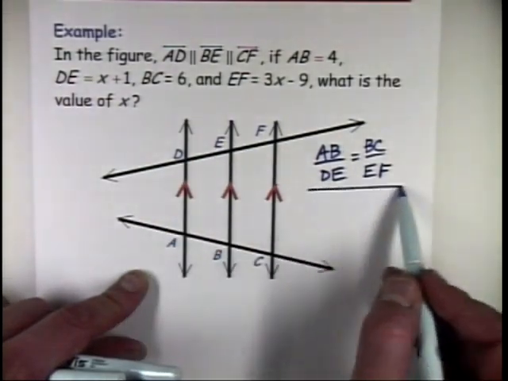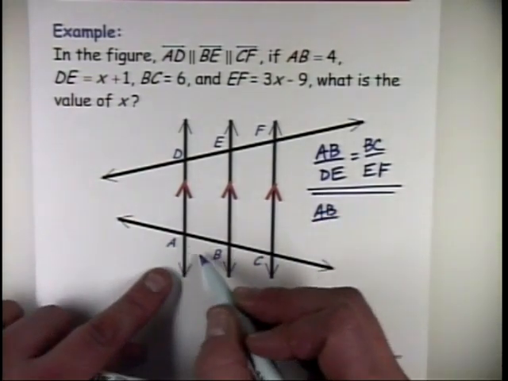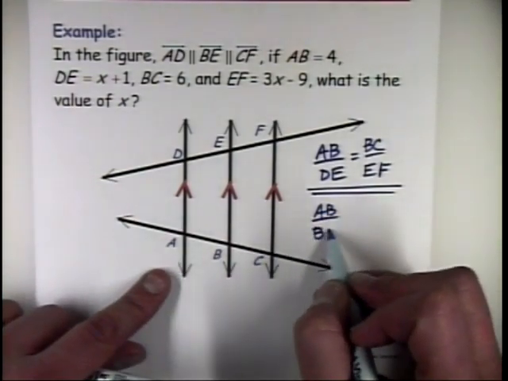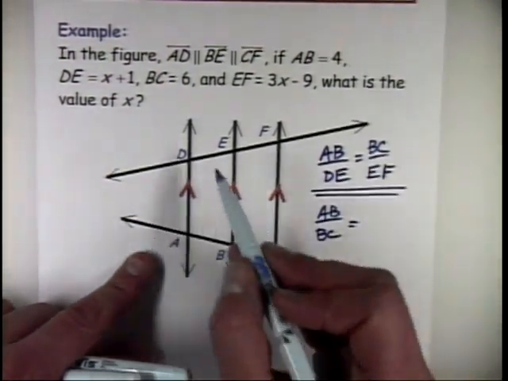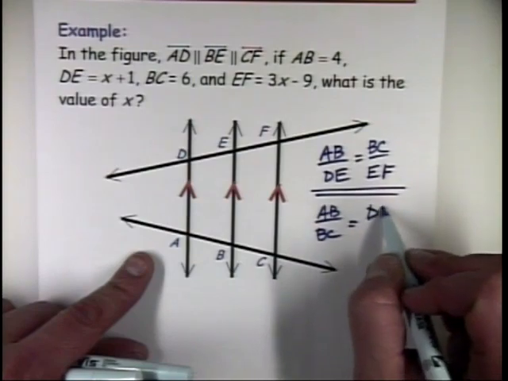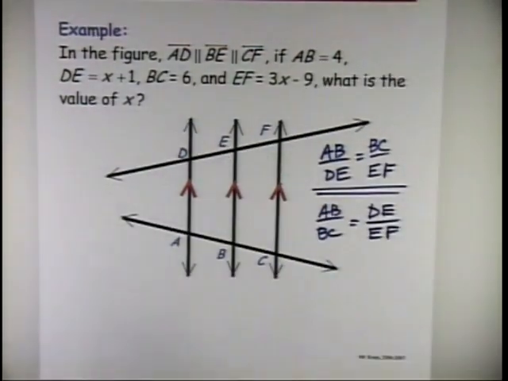Well, you can set it up alternatively by saying segment AB, and you can stay on the same side. AB is to BC, as, now if I went from left to right up here, I'm going to have to go from left to right up here to stay corresponding, as DE is to EF. And again, as long as you're setting up with corresponding sides, your cross products are going to be equivalent, and you're good to go. So let's go ahead and set up this proportion.